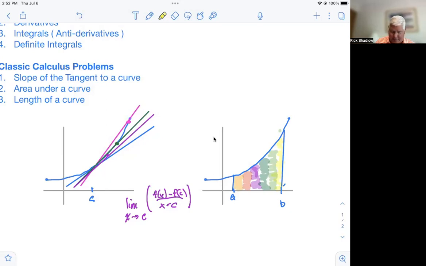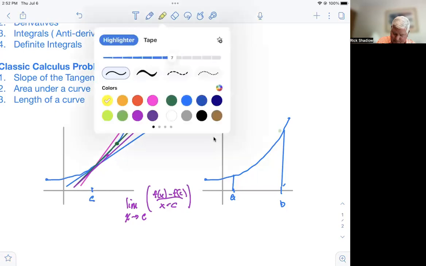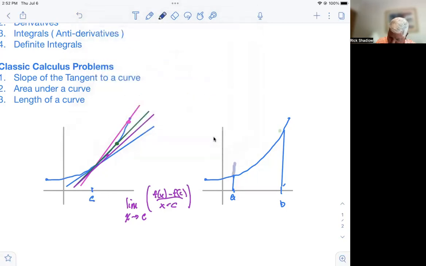As it turns out, this is kind of surprising, but there is going to be a point on that curve where the exact value of the area under the curve is the area of the rectangle.